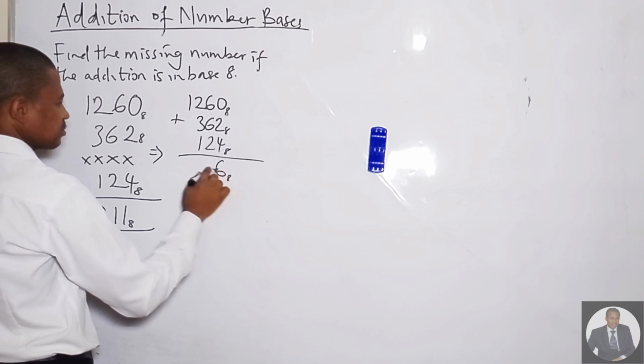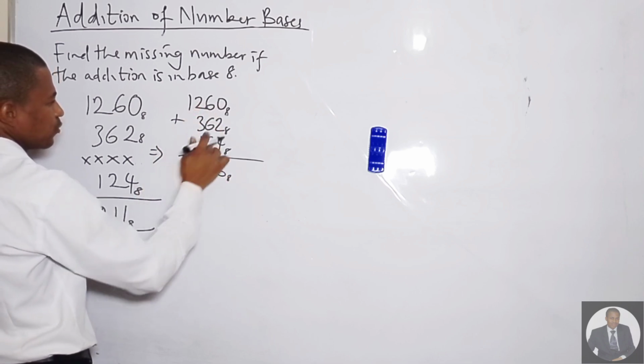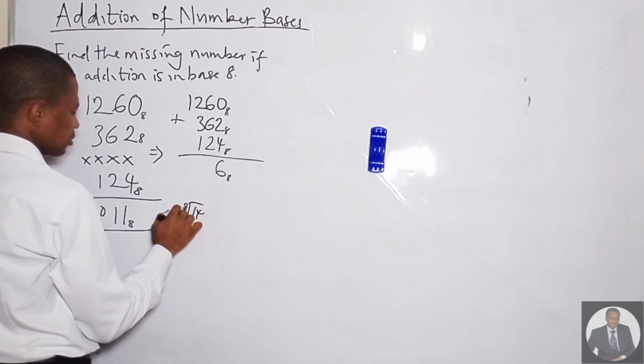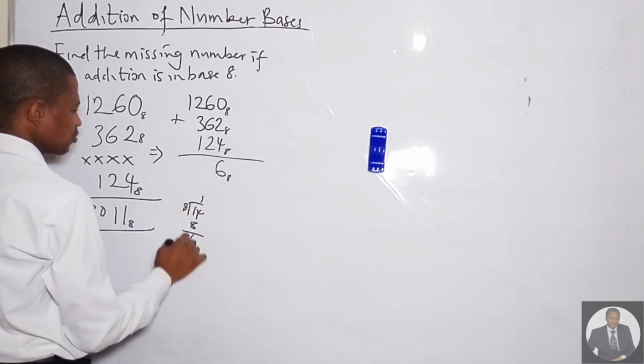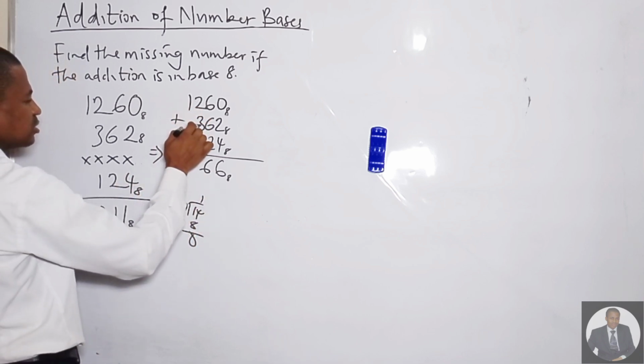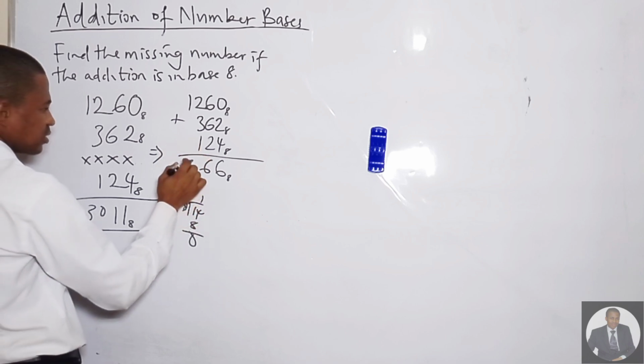We can write 6 since it's in base 8. 6 plus 8, 12. Plus 2, 14. We cannot write 14. So we say how many 8 is in 14? 1. What remains? 6. We write 6. We carry the 1. 2 plus 3, 5 plus 1, 6. Plus this one, 7. We can write 7.